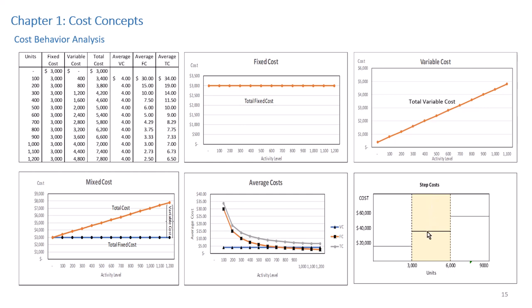In this example, fixed costs will remain at $40,000 within a relevant range of production of 3,000 to 6,000 units. Anything below or beyond those levels will result in a different level of fixed cost. You'll notice that the change in the fixed cost isn't incremental. It steps up to a higher level.